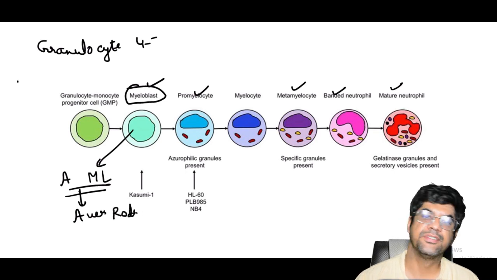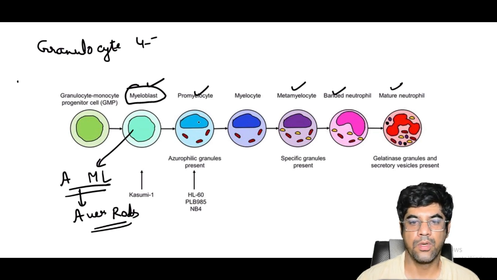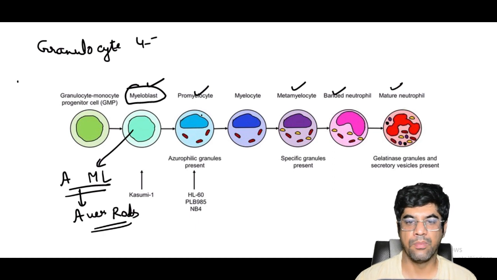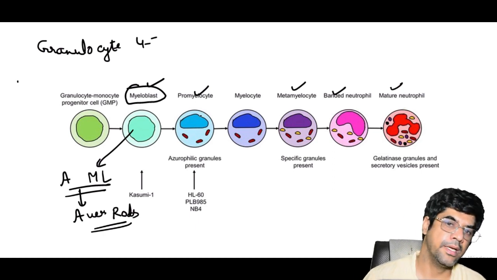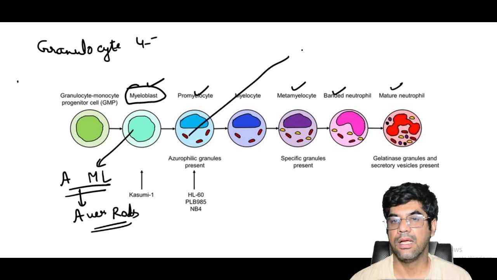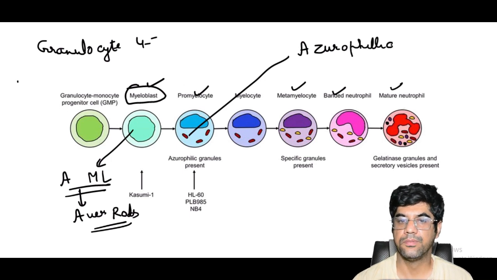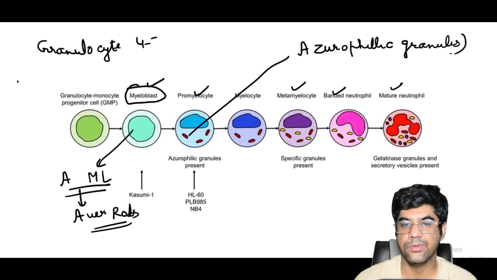The next stage is promyelocyte. The nucleus is round to oval with slightly condensed chromatin. Here the cytoplasm contains azurophilic granules, also known as primary granules.